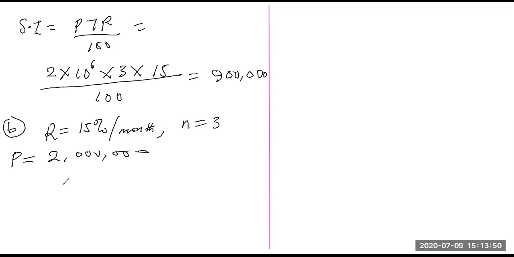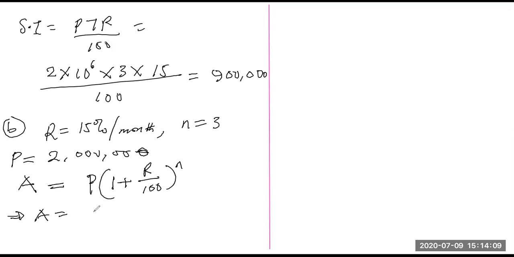So if we use our formula for compound amount, A is constant, and the rate is also constant for the entire 3 months. So we have A equals 2 multiplied by 10 raised to the power 6, which is 2 million for P, times 1 plus our rate, 15 over 100, raised to the power 3.